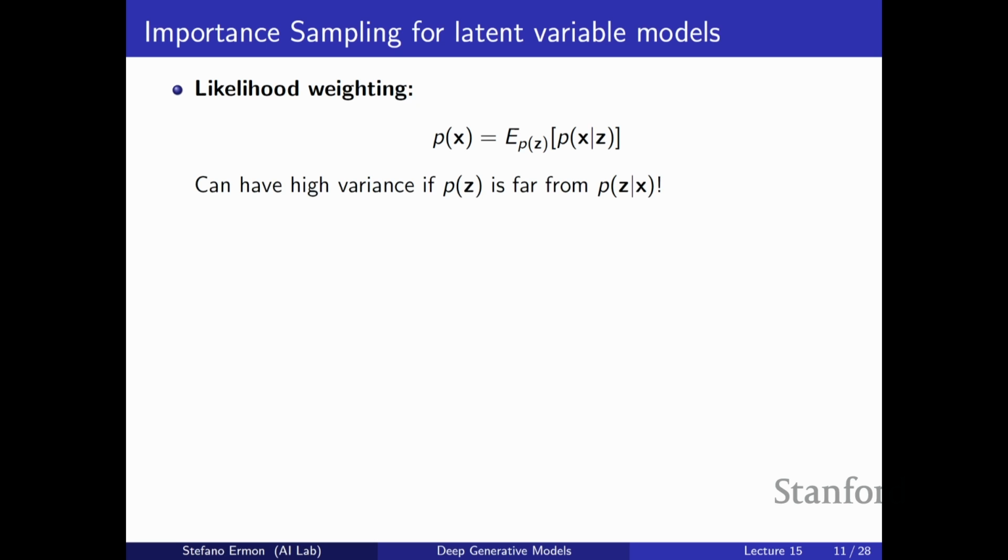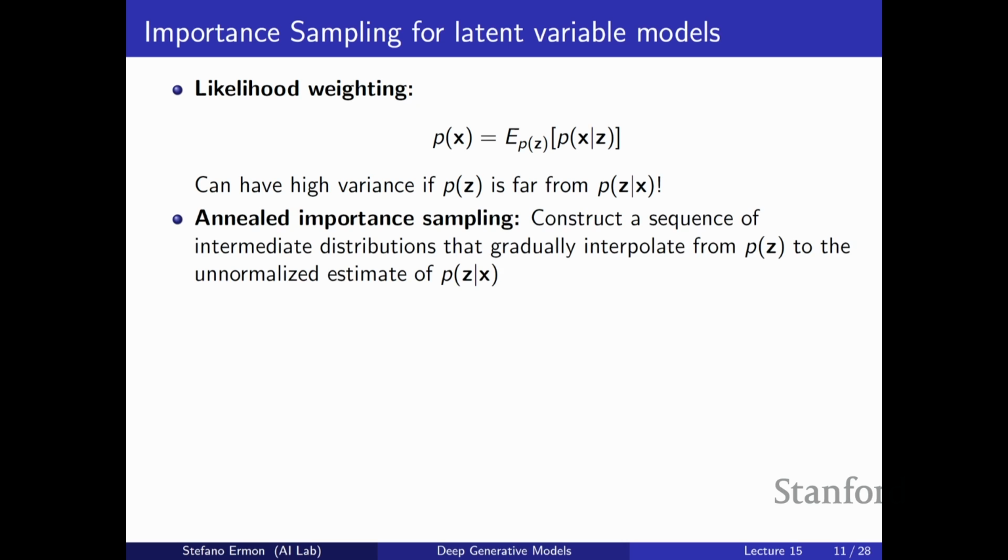As we know, this can have very high variance, if the distribution of the prior is very different from the posterior, which basically means that, again, you're going to need a lot of samples to get a reasonable estimate of that likelihood. There are ways to make the estimate more accurate.